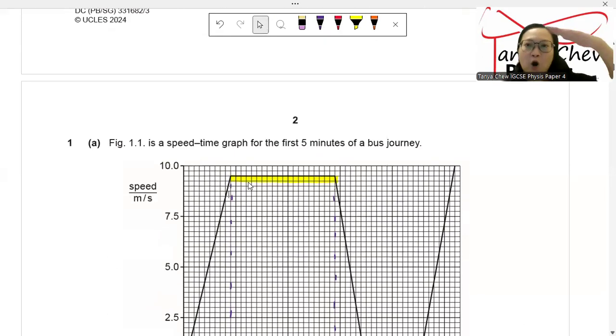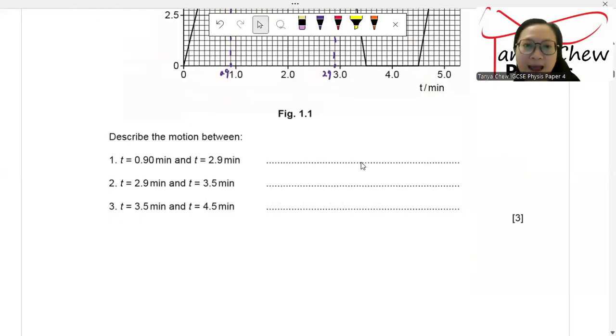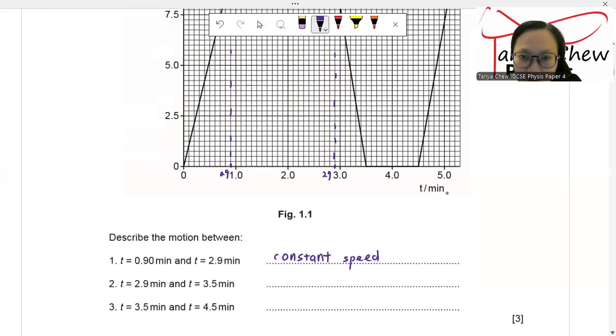So when you see a horizontal line here, and this is a speed time graph, a horizontal line means the speed of the bus remains constant. Don't you think so? It is constant at this value of the speed. So I would say that the bus is moving at constant speed.